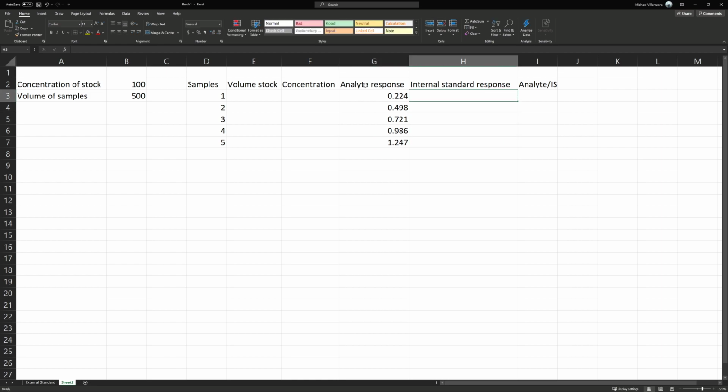Internal standard responses: 1.456, 1.356, 0.563, 1.445, 1.478.